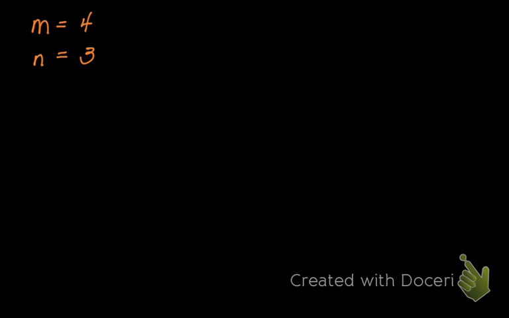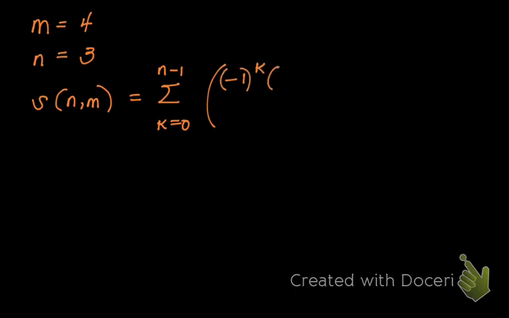And we have a formula for that, which is given by S, the summation from K equals 0 until N minus 1.